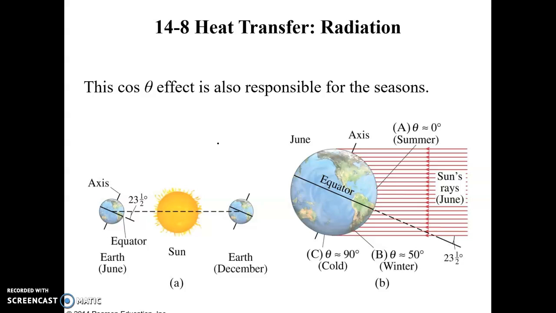So this idea that the angle at which the sun's rays strike you affects the amount of energy you absorb is what's responsible for our seasons.